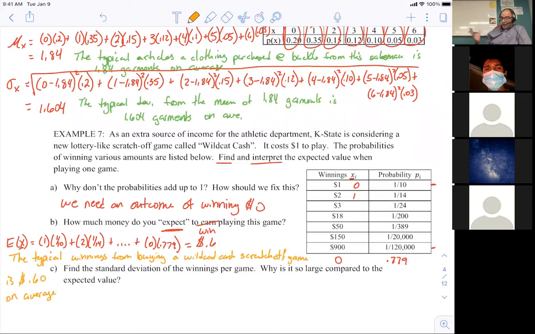So I'm going to pay $1 to play a game where I'm expected to win 60 cents. Therefore we can see that I'm going to come out behind in the end on that. So I guess it depends on how many times I play that.